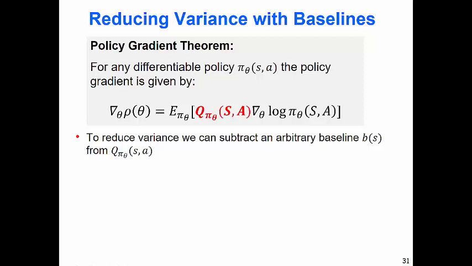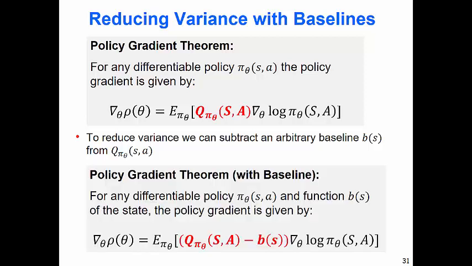And we're going to try to have a baseline that sort of removes the stuff that's just about how good the state is, right? So this is going to be called a baseline function. You'll see this term all over the place. Almost every policy gradient algorithm that's used in practice now will use a baseline function.